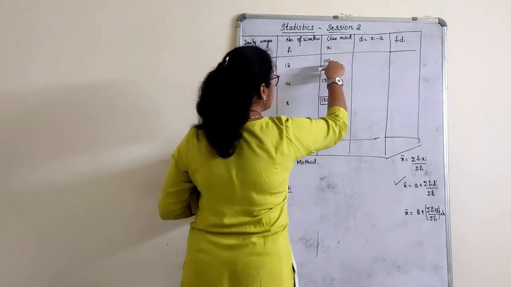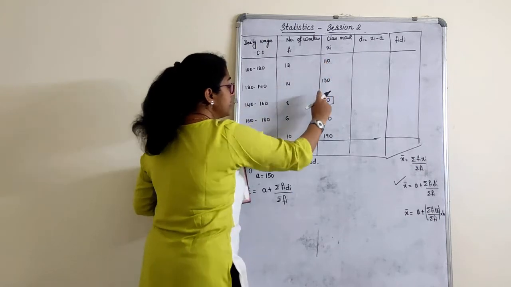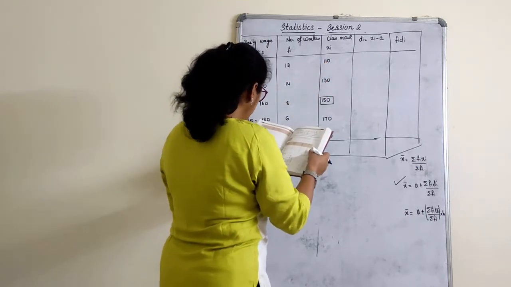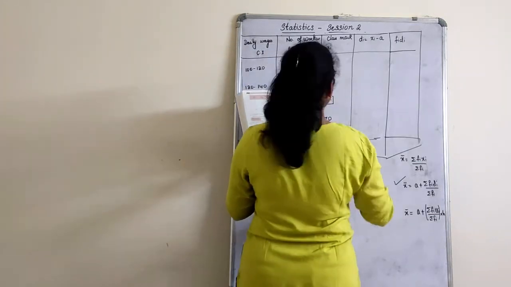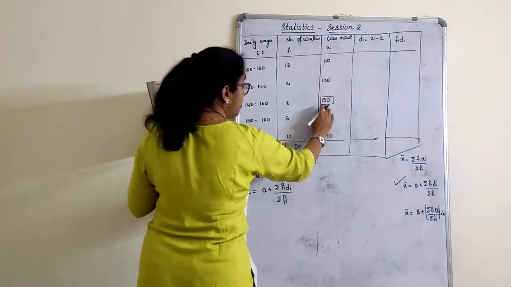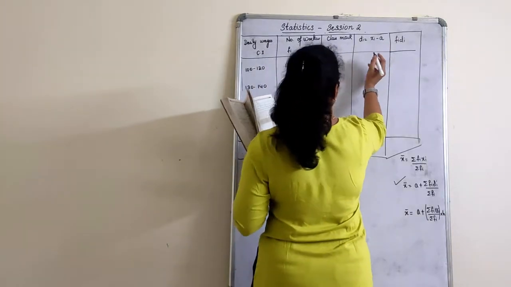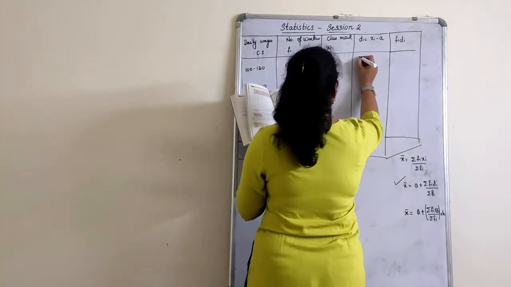Now let's do it here quickly. Di is equal to xi individually: 110 minus 150. Here A is 150, we already know it, so need not write that again. Whatever answer you get, you have to write.